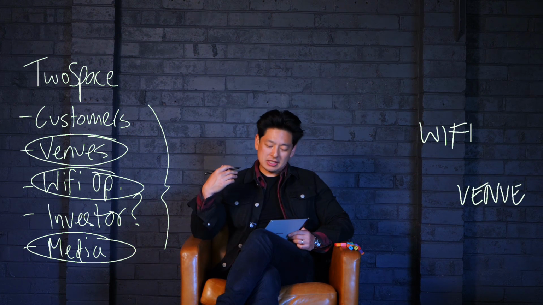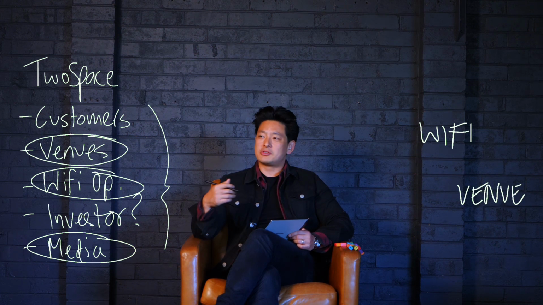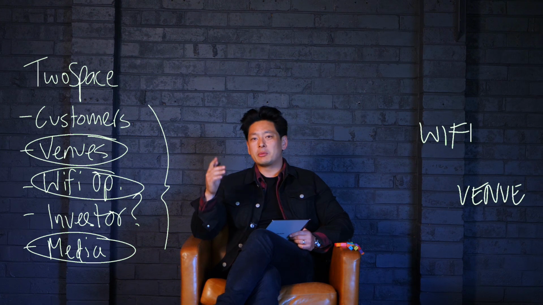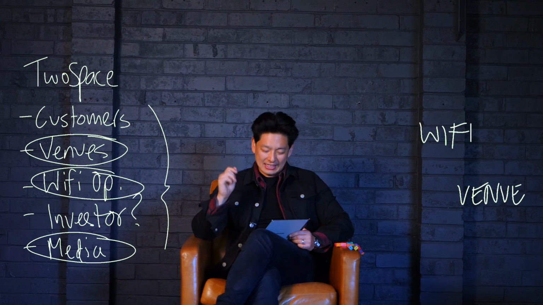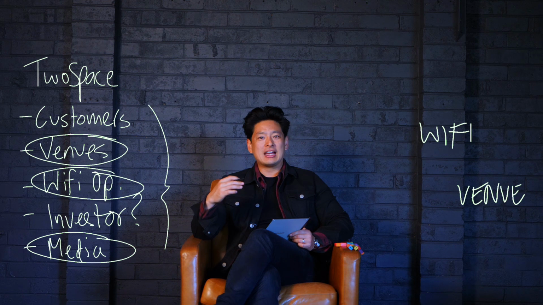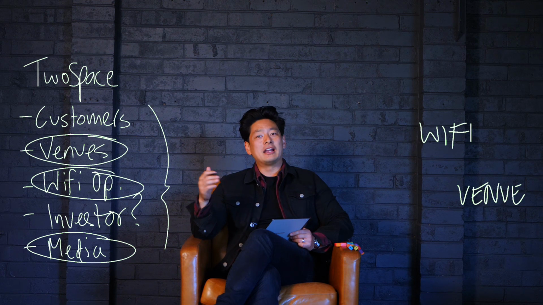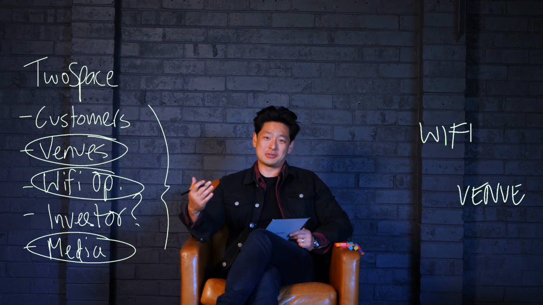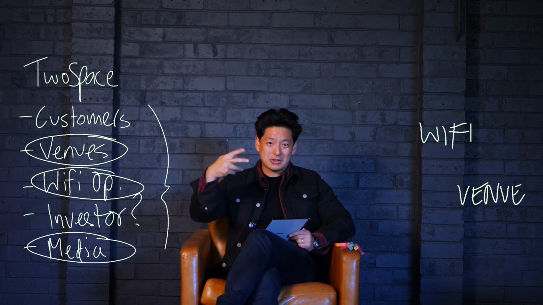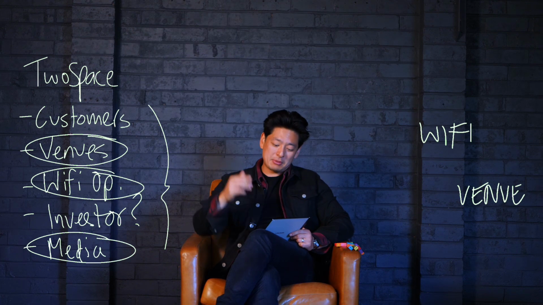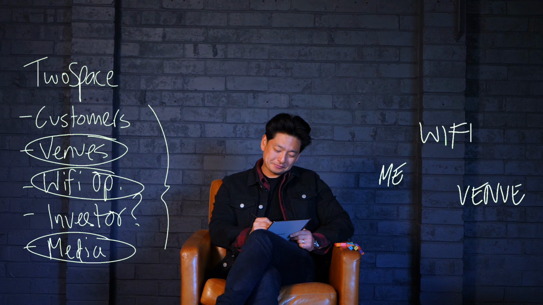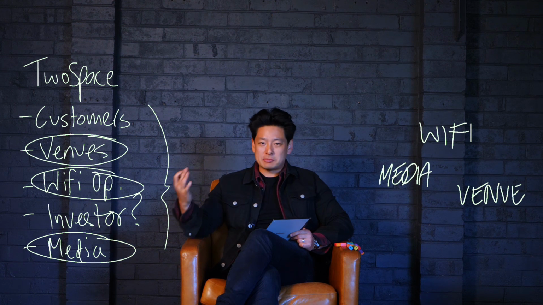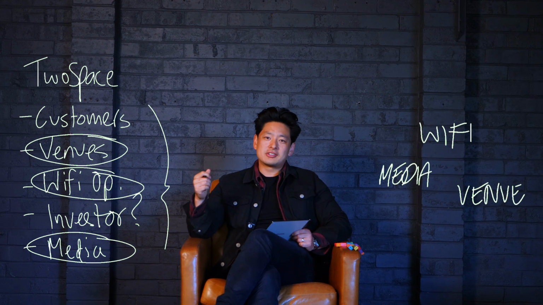And we literally got rejected hundreds and hundreds of times because no one really wanted to be the first. But finally, when we found one that said yes, they said yes on the condition that we'd have a well-known branded partner providing the Wi-Fi, which in this case was Optus. So that was really funny because those two were intertwined. And then because we wanted media, right, to help make a splash, and the journalist we got in touch with said, yeah, we'd love to write a story on you.